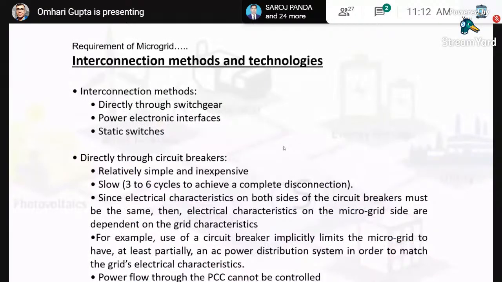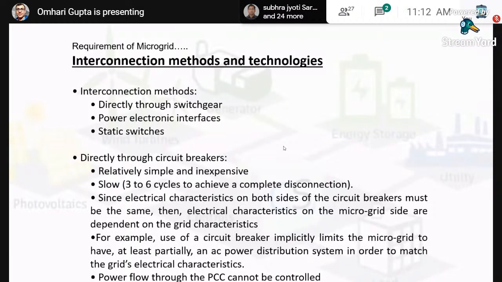Now, interconnection methods can be classified as direct through switchgear, through power electronic interfaces, and through static switches. If you connect directly through switchgear or circuit breakers, these are quite simple and inexpensive, obviously. And obviously, they are slow.